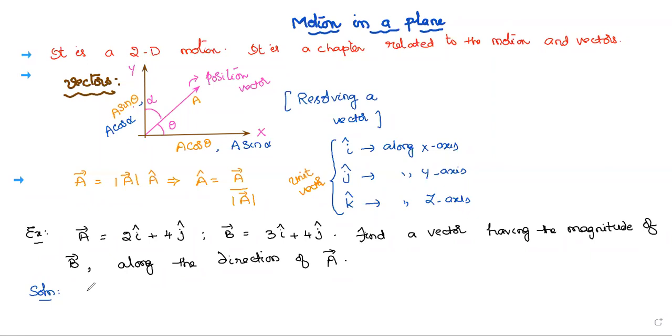And here directly you try to understand what he asked. Let the vector he asked be C bar, having the magnitude equal to B bar, direction of A bar.